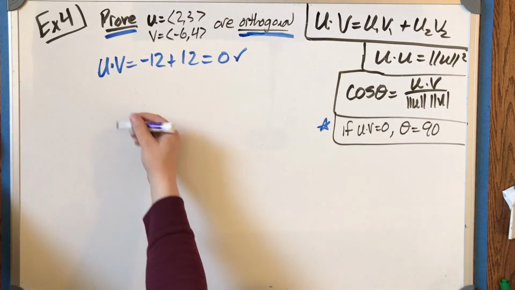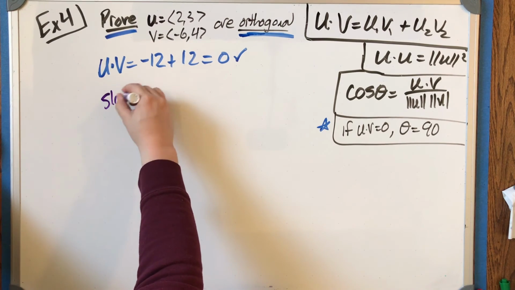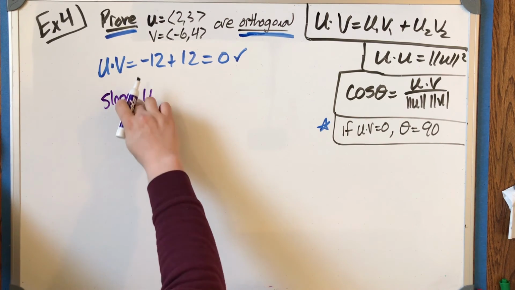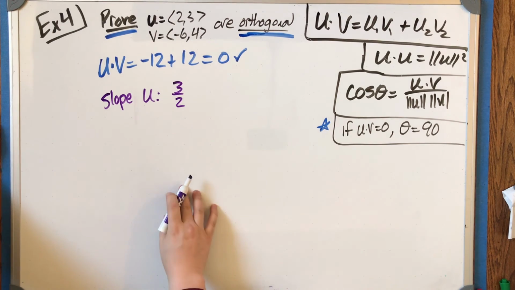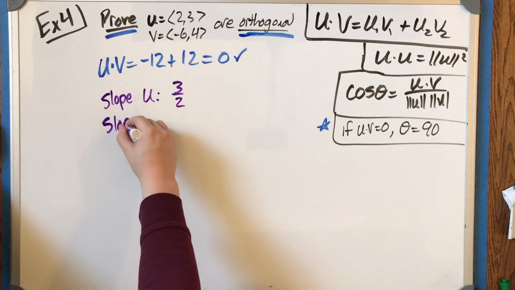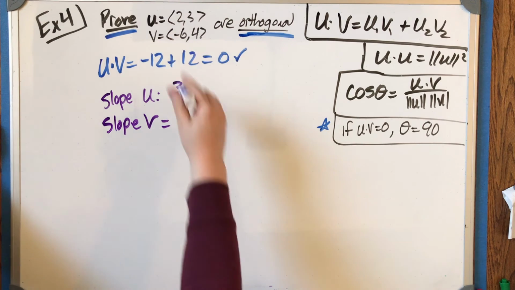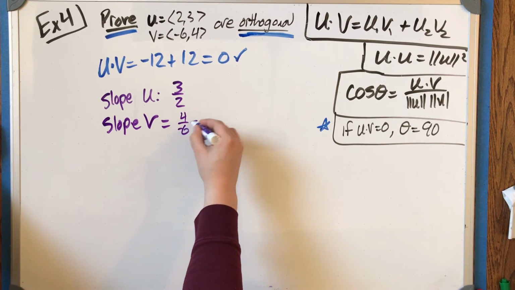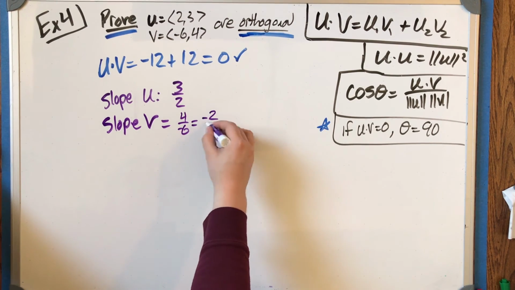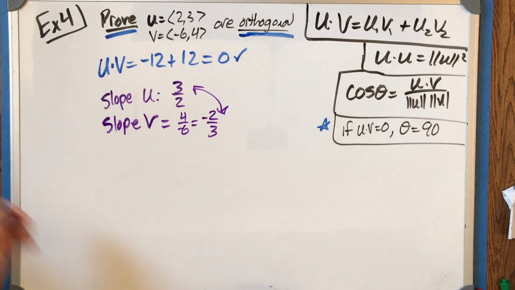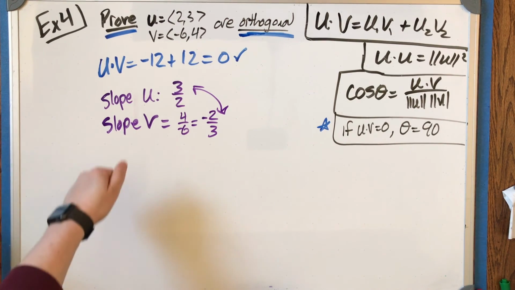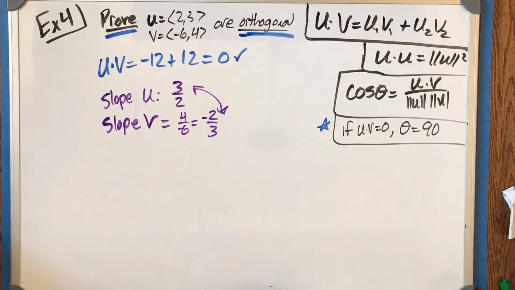I can say that the slope of u is going to be y over x, and the slope of v is going to be y over x, so that's 4 over negative 6, and if I reduce that, that's negative 2/3, and these are opposite reciprocals, which means that they are perpendicular, aka orthogonal. We could also prove that two vectors were parallel if their slopes were equal.